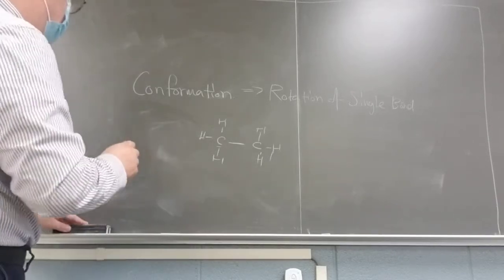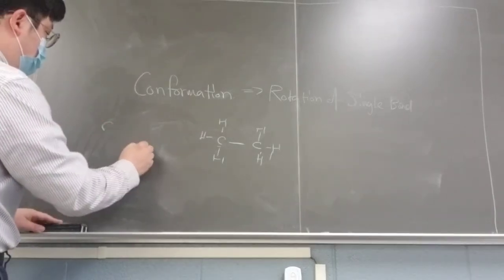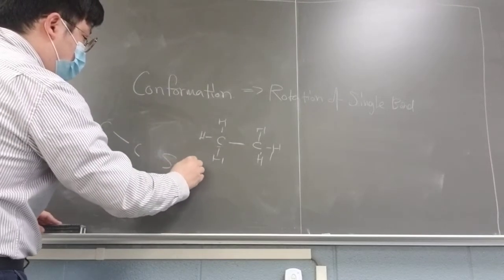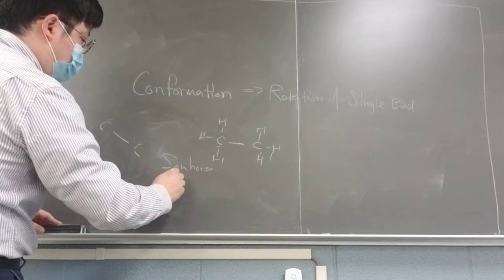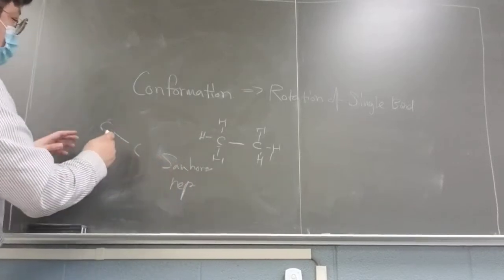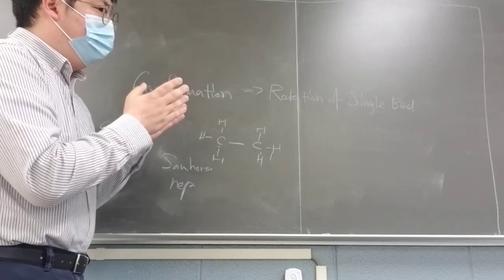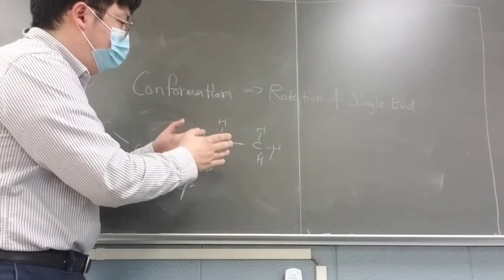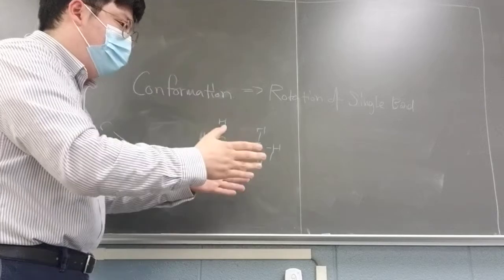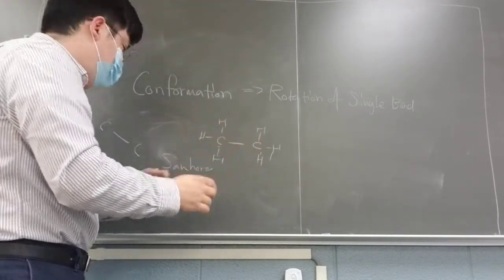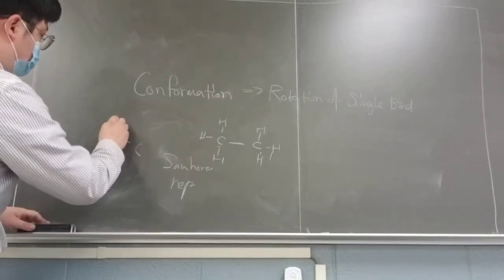If I do my best, this is what we call the sawhorse representation, meaning you look at this one from the top down, but 45 degrees to the side. So I kind of make sense.